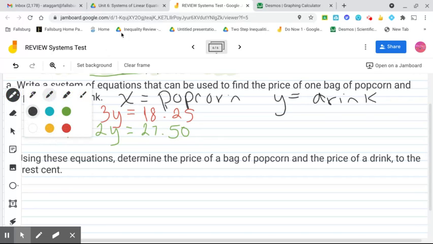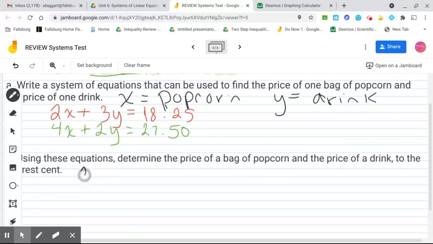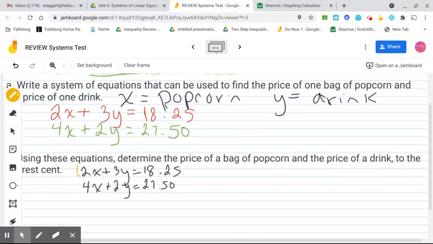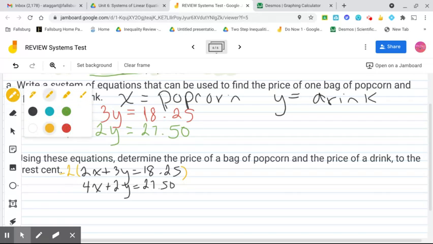Okay, so if I have 2X plus 3Y equals 18.25, and I have 4X plus 2Y equals 27.50, what I see is I can multiply this by -2 and distribute.